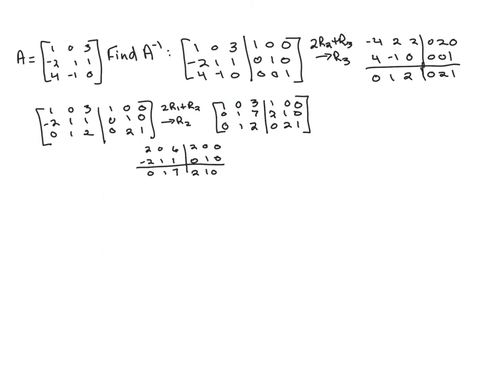All right, so here we go. Getting a 0 right there, I'm going to do row 2 minus row 3. Simple enough. Remember, you don't subtract. You always multiply through by a minus and then combine. So row 2 as it is, 0, 1, 7, 2, 1, 0.